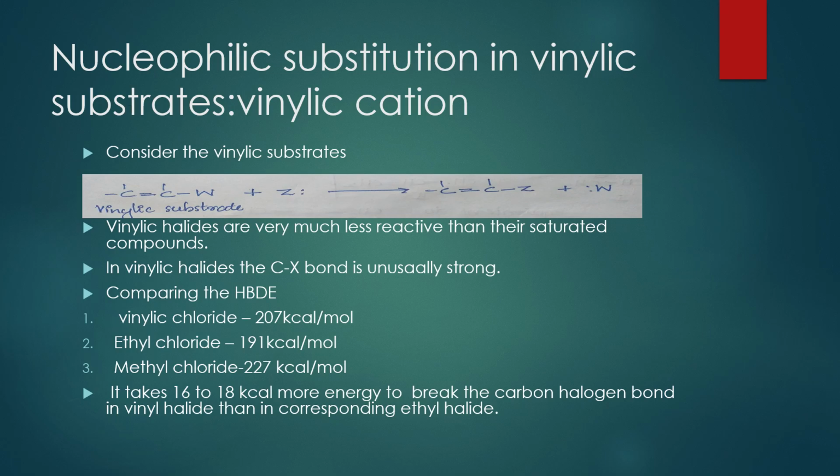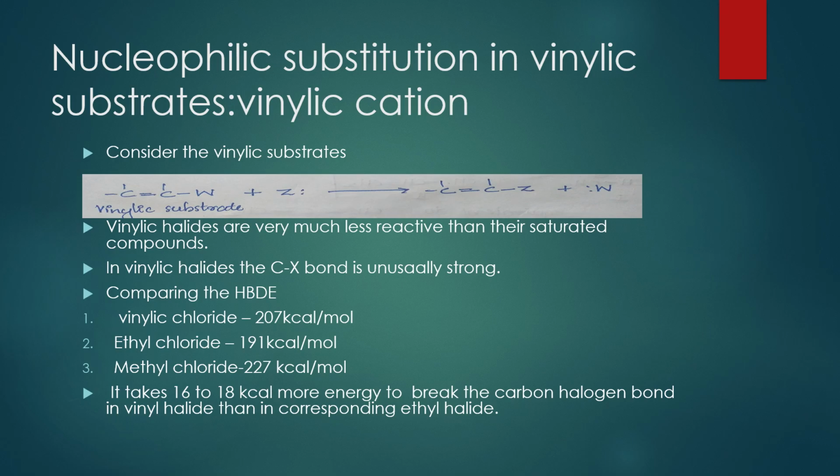So sp2 orbitals are situated closer to the nucleus, and the nucleus holds the electrons more firmly than in an sp3 hybridized orbital. So it is very difficult to break this C-X bond. That's why vinylic substrates are less reactive, because the C-X bond is unusually strong.